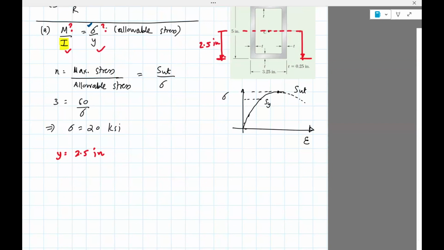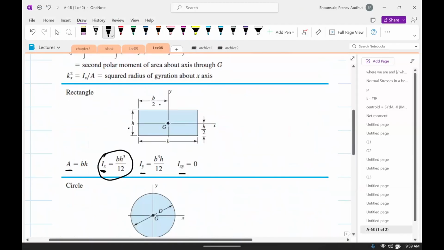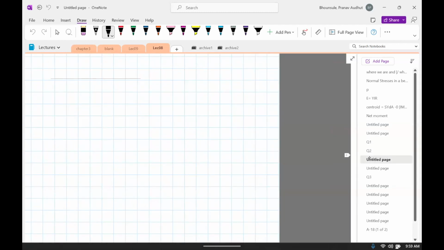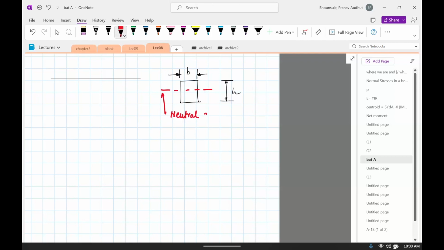Okay, so what we know about I from looking at this table is that I for a rectangular solid section is BH cubed divided by 12. Let me translate that over here. Okay, so the formula for I is BH cubed divided by 12. This is from table A18.